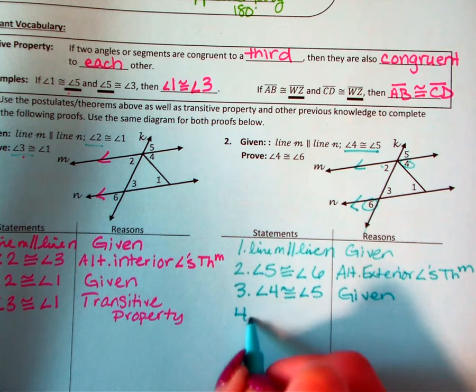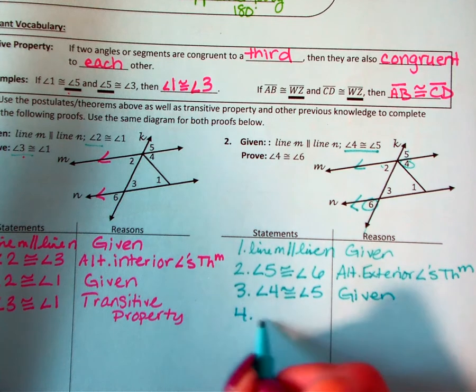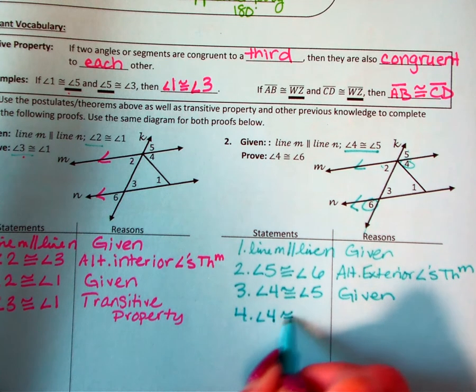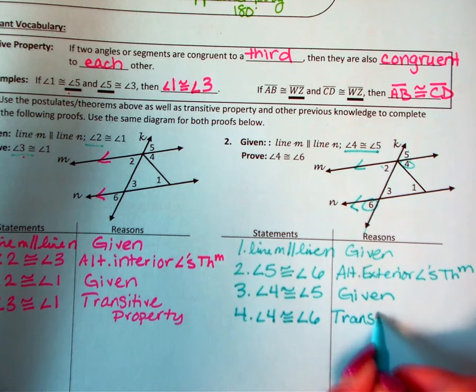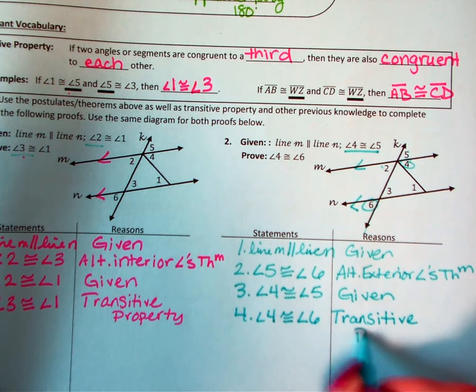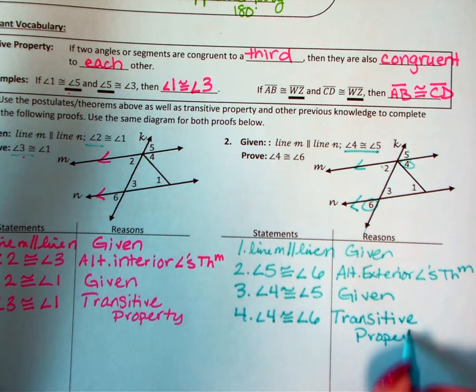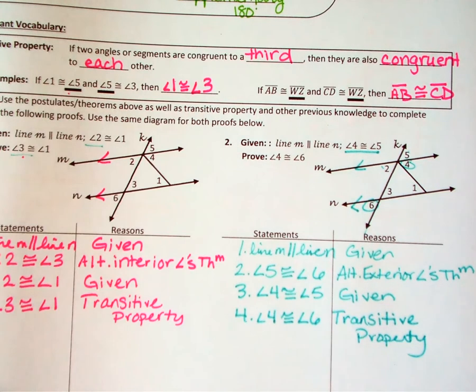Okay, so between those two, again, I can say angle 4 is congruent to angle 6 because of the transitive property. Okay, that's all there is to those.